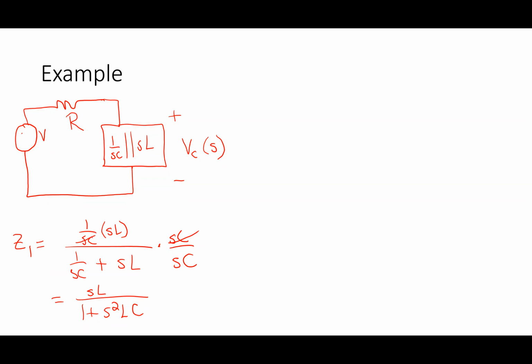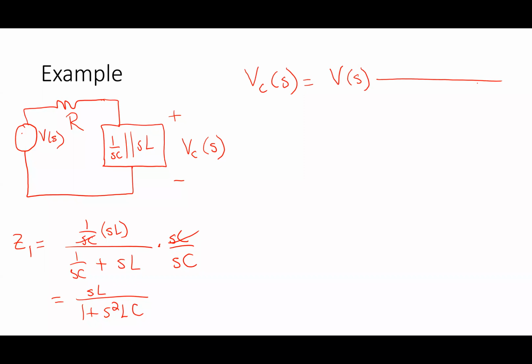So basically now I want to say, well, V sub C of S is what? How do I do the voltage divider? V of S times basically that whole combination of stuff.